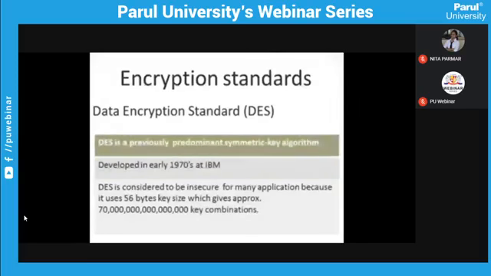Suppose a hacker uses brute force analysis, and he starts using every key one by one, starting from 1, 2, 3, and using every alphabet and every combination. So this key combination can be easily cracked in 3 to 4 days. So the DES algorithm is nowadays not very much used because the key can be easily cracked by a hacker.